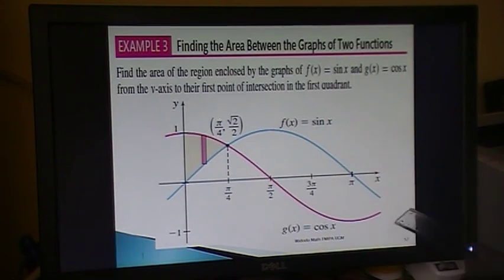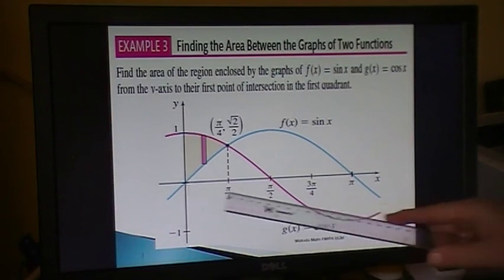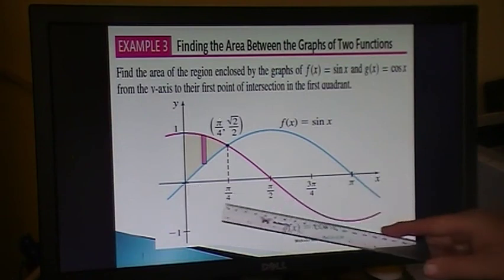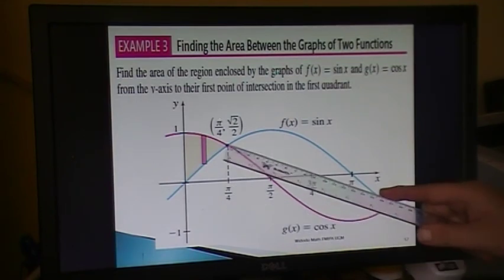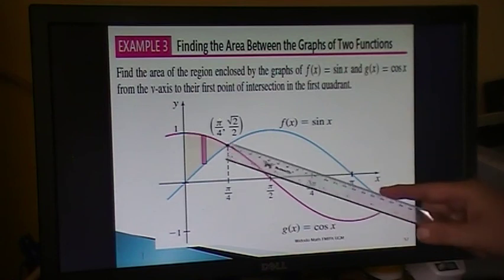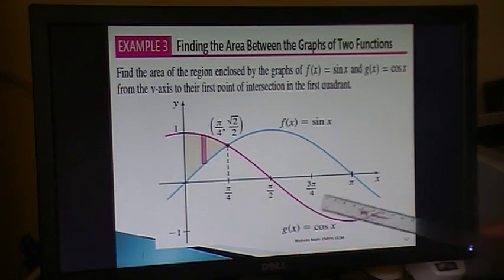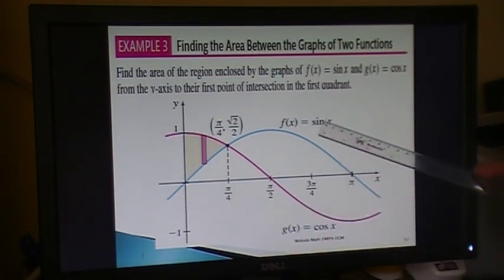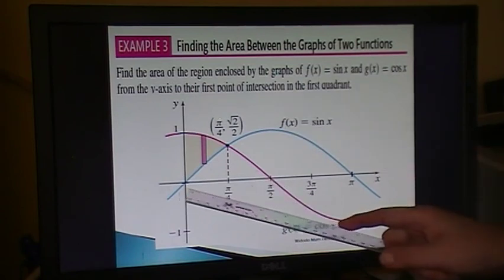Be careful, if we want to look at this area, for instance between 0 and 5π divided by 4, here the cos is above the sin. But from 5π divided by 4 until 5π divided by 2, you see here the sin is above the cos. So that if you want to find the area between these two curves, it depends on the interval.